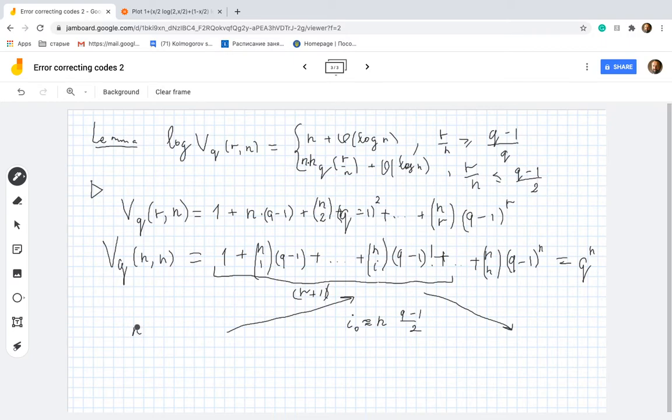In other terms, we need to understand what is the ratio between n choose i plus 1 times q minus 1 to the i plus 1 and n choose i times q minus 1 to the i.